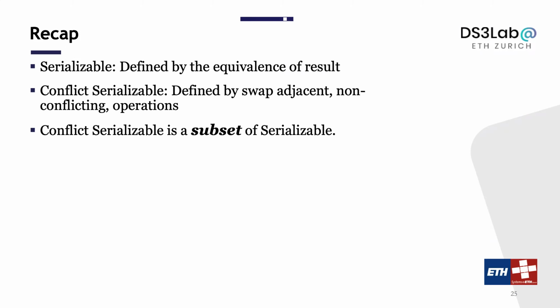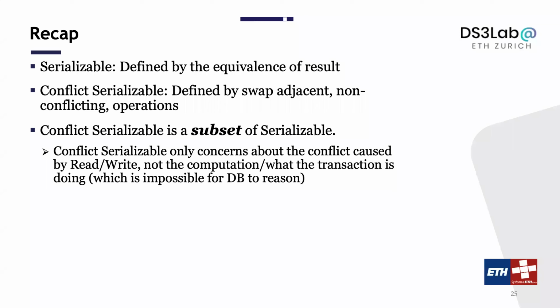So conflict serializability is a subset of serializability, in the sense that if a schedule is conflict serializable, it must be serializable, but not all serializable schedules are conflict serializable. The reason is that conflict serializability only concerns the conflicts caused by reads and writes, not the computation that the transaction is doing. For serializability, you also care about the actual computation that happened.